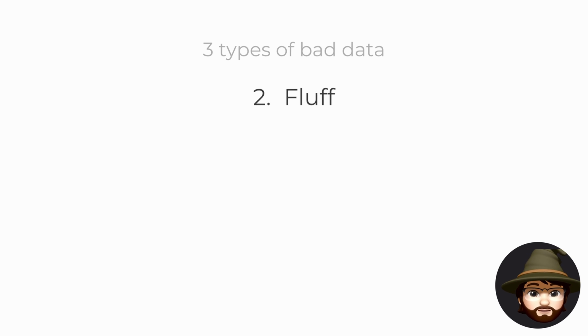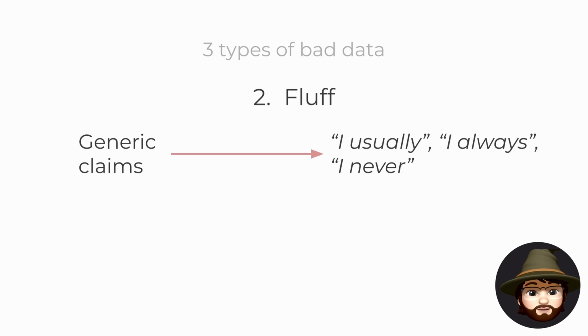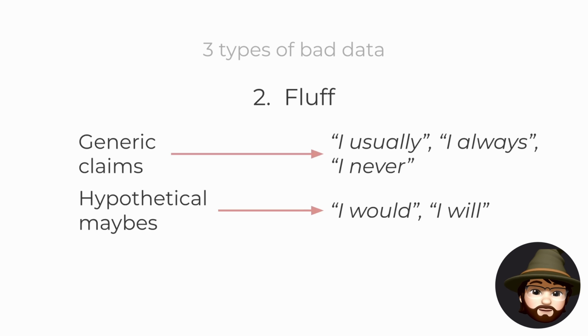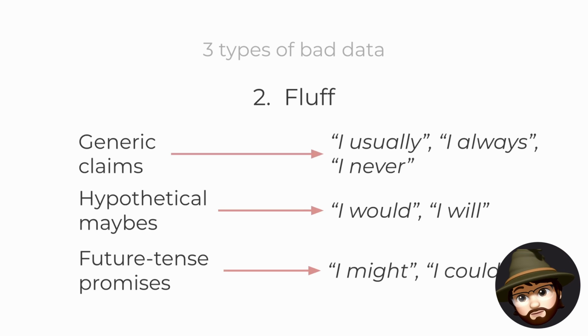The second type of bad data is fluff. Fluff can be generic claims, hypothetical maybes, or future-tense promises like "I usually," "I always," "I will," "I might," "I could." And this is related to the second rule about the type of questions that you're asking.